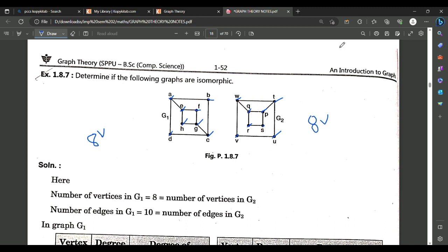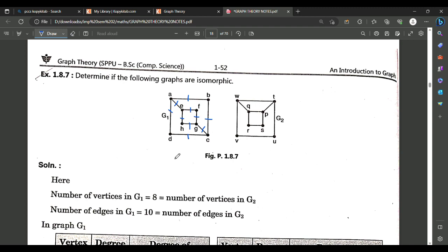Now we will check the number of edges in G1 and in G2. Here the number of edges are 1, 2, 3, 4, 5, 6, 7, 8, 9 and 10.